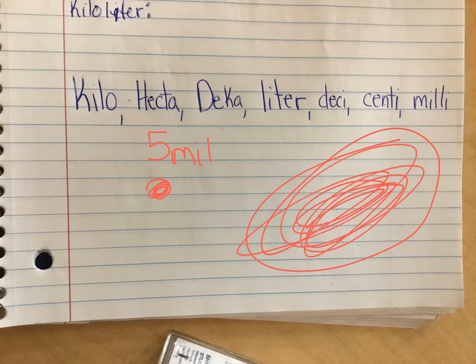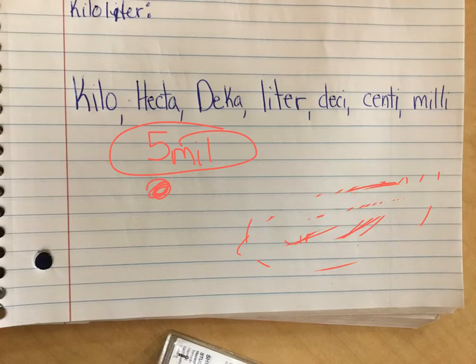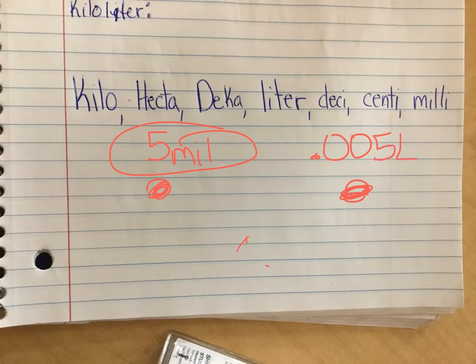Well, if I were to compare 5 milliliters to how many liters that is, if it's already small in milliliters, only 5 milliliters, a tiny, tiny amount, it's not going to transfer to a huge amount in liters. It's still going to be this small, small amount, except instead of saying 5 milliliters, it's going to say 0.005 liters, because it's that small an amount of 1 full liter.